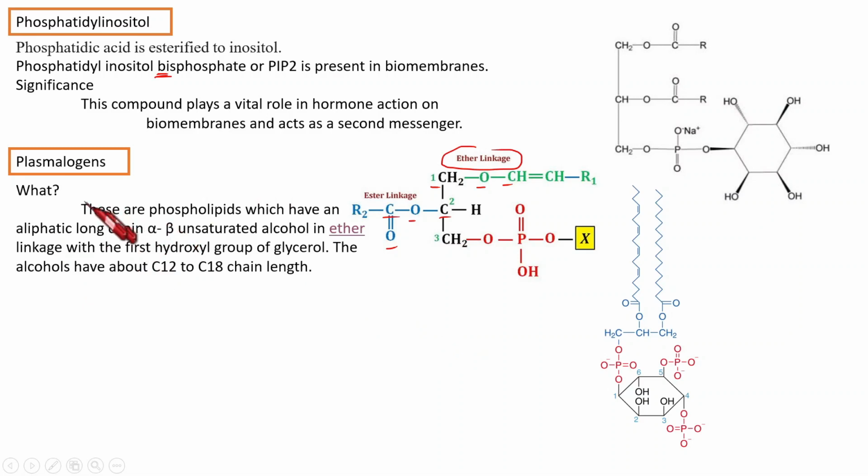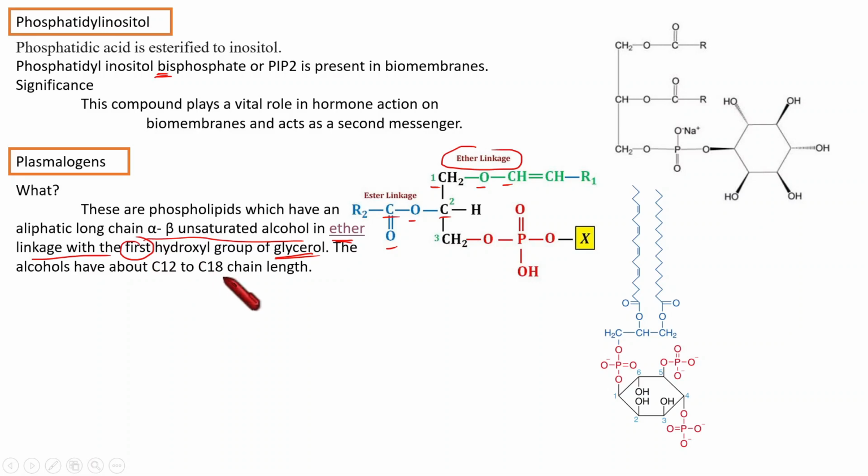Any one of these can come and join with this bond. So see, these are phospholipids which have an aliphatic, meaning straight chain, long chain, alpha beta unsaturated alcohol in ether linkage with the first hydroxyl group of the glycerol. So the alcohols, what would be its length?